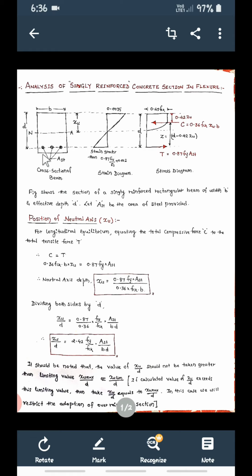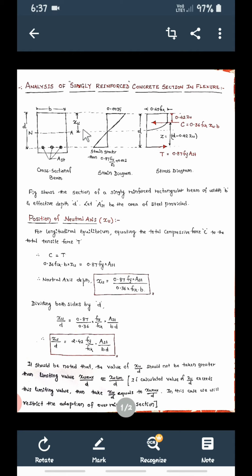That is called the overall depth. And this small d, can you see this small d? It is from this top end to the center of reinforcement. This is the reinforcement or steel bars provided. It may be 3 numbers, 4 numbers, 6 numbers, 8 numbers. Depending upon the design, we're going to provide the steel bars at the bottom.